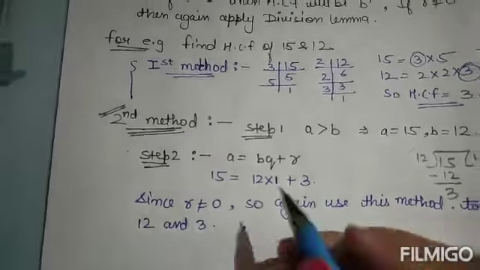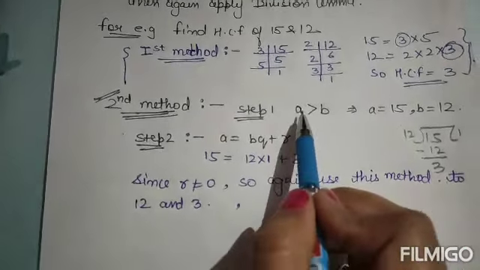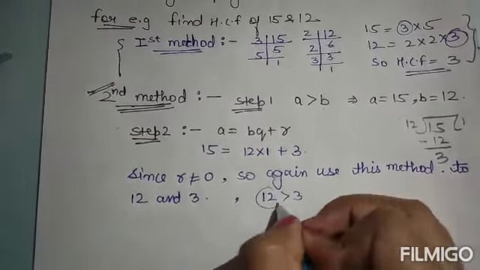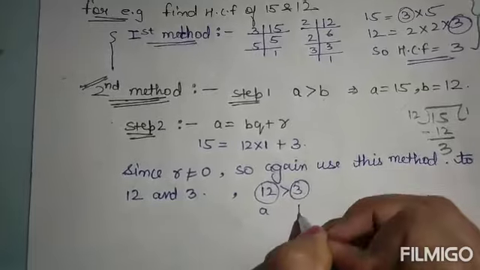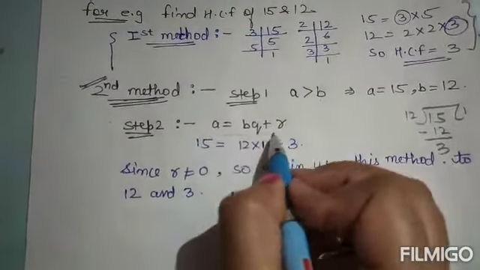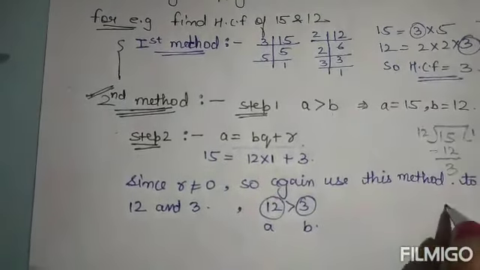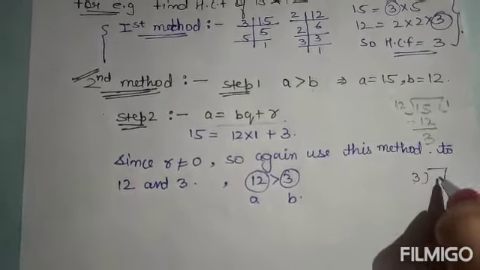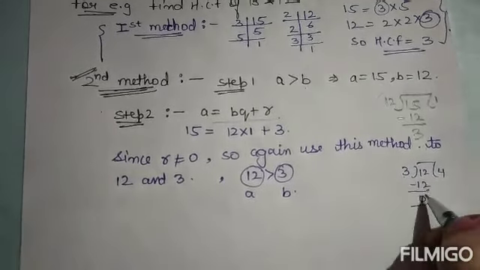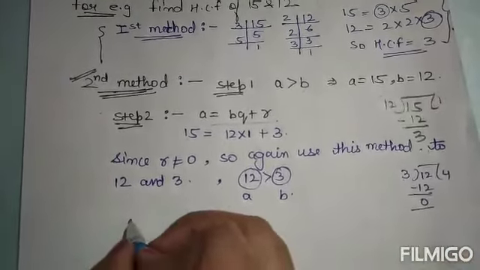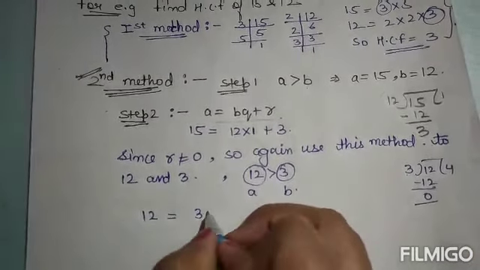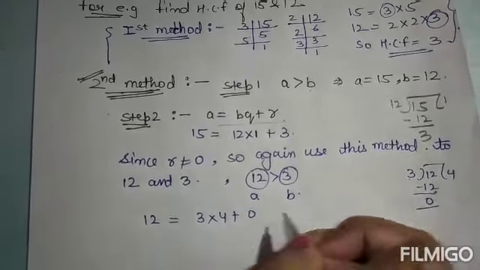Now check again step 1, which is A and which is B. Now 12 is greater than 3, so 12 is A and 3 is B. Step 2, we have to write in the form of BQ plus R, roughly divide. 3 divided into 12, 3 fours are 12, and now look, the remainder has become 0. So write it in the form of A equal to BQ plus R. It will be 3 into 4 plus 0.